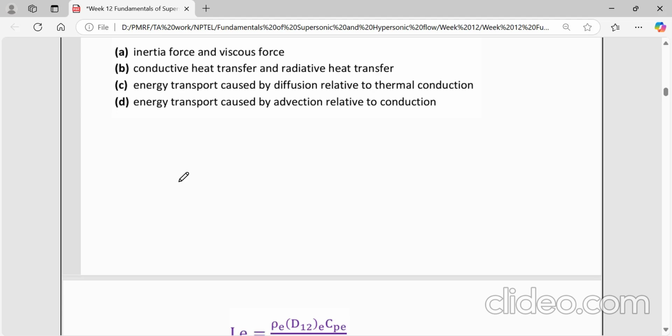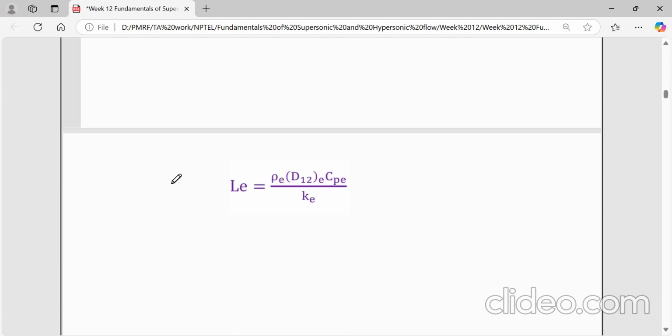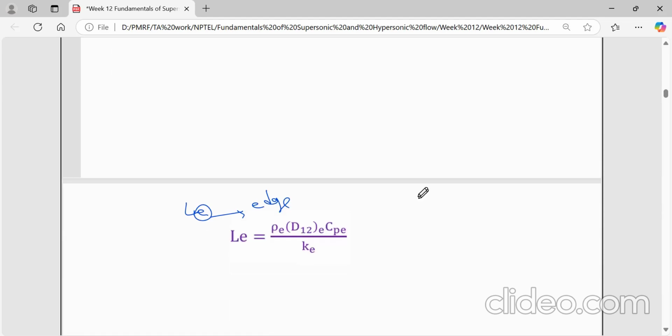Okay, so first we'll see what the Lewis number is. Lewis number is given by Le, equal to rho e D12 e, where e is for the edge of the boundary layer. So you can directly write this here: Le equal to rho D12 Cp upon k.